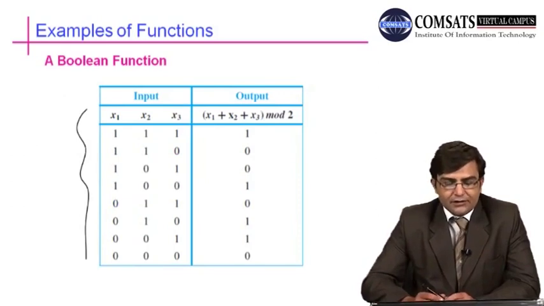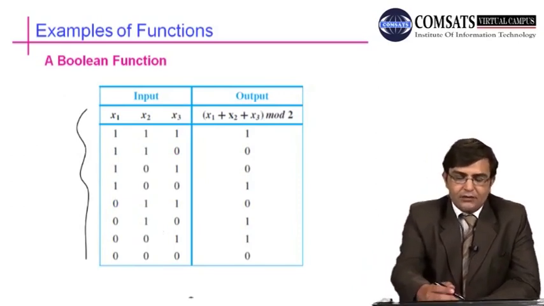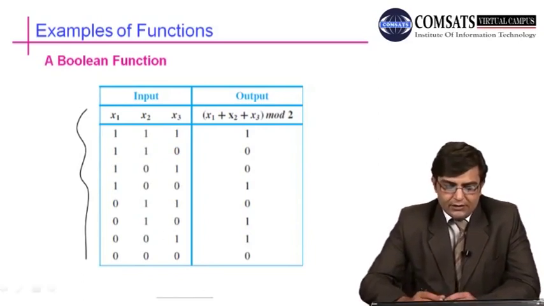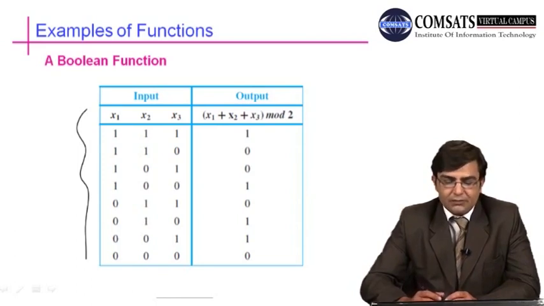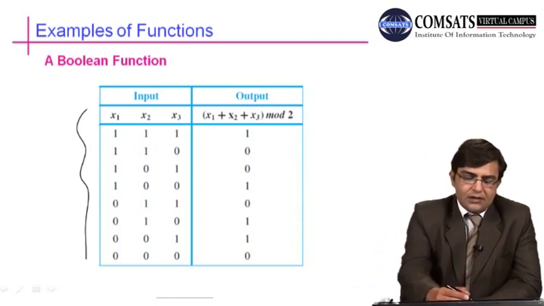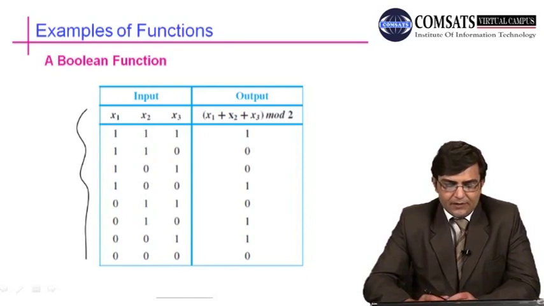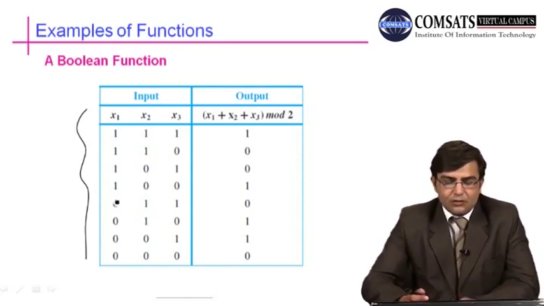The input of this function, we can write as a table, an input-output table, which we have studied in logic. The inputs are x1, x2, x3. You can take them as propositions, and these are the truth values of these 3 propositions.